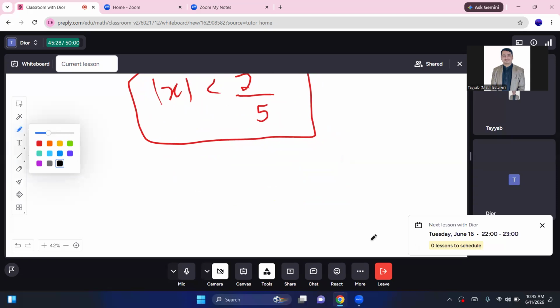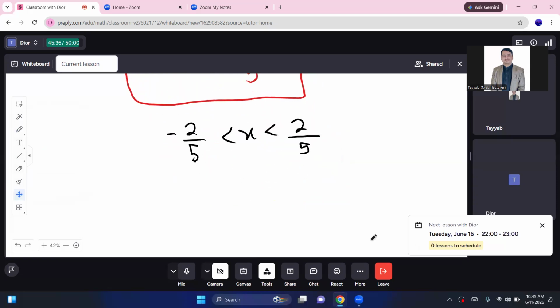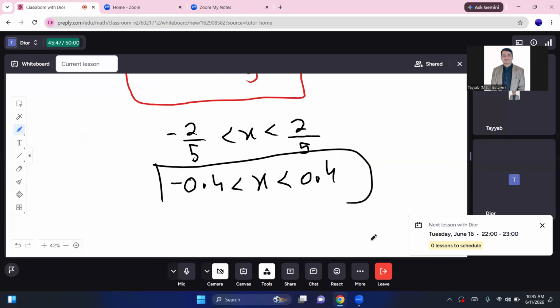When you open the absolute value function, it's 2.5, so this one is negative 0.4. So for the series to be convergent, x should be between negative 0.4 and 0.4.